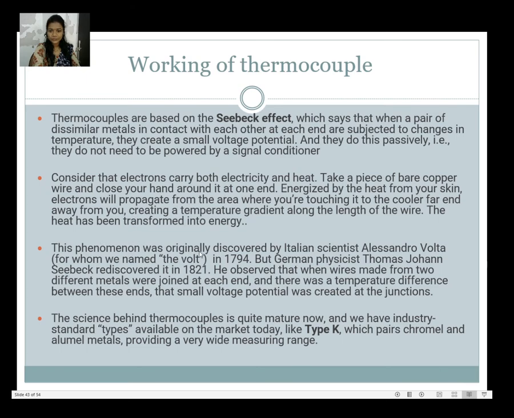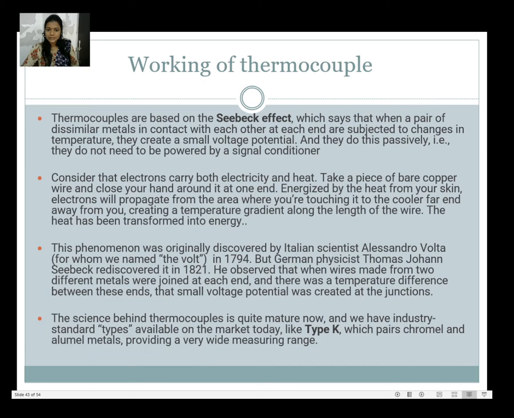This phenomenon was originally discovered by the Italian scientist Alessandro Volta in 1794, from whom the volt gets its name, but German physicist Thomas Johann Seebeck rediscovered it in 1822.